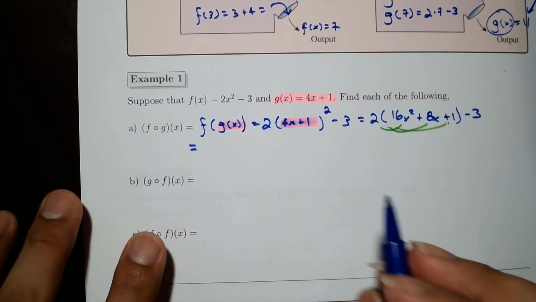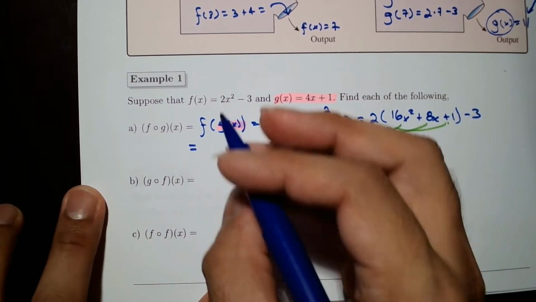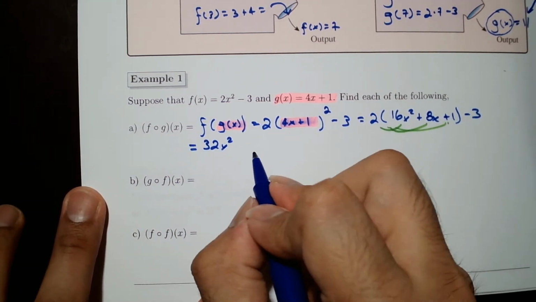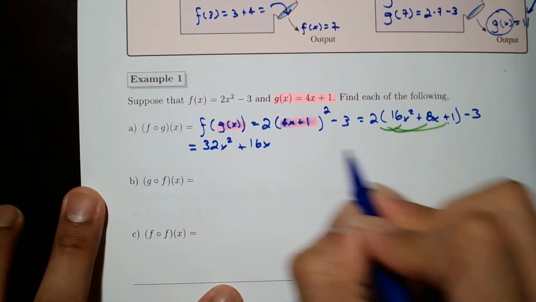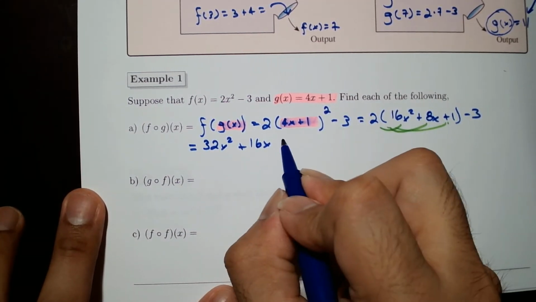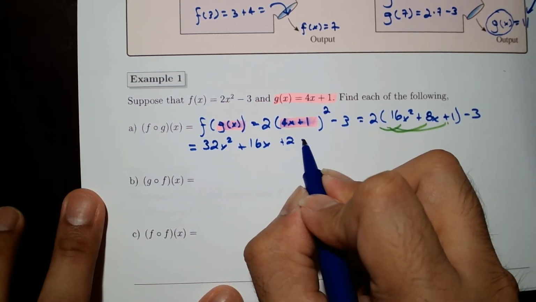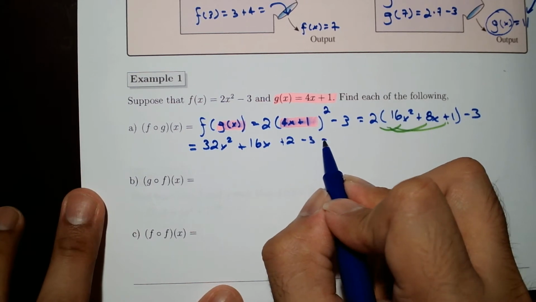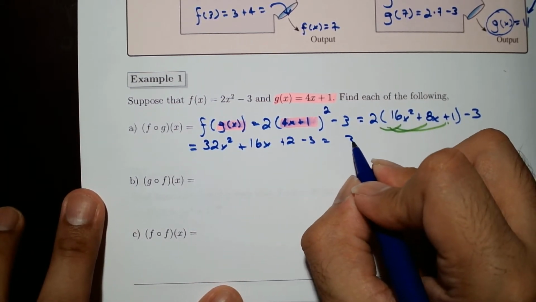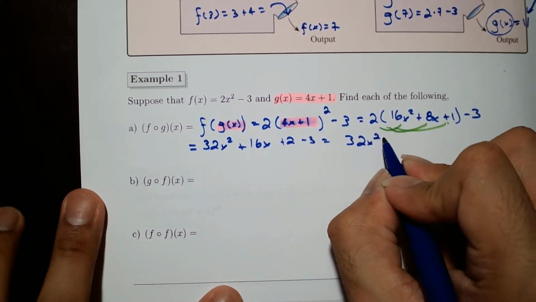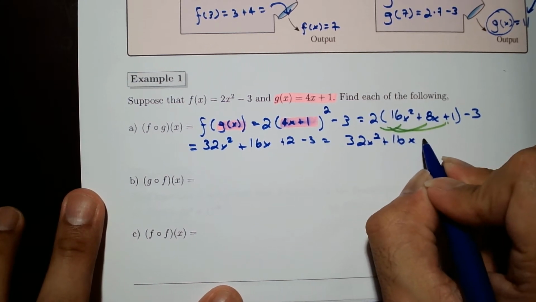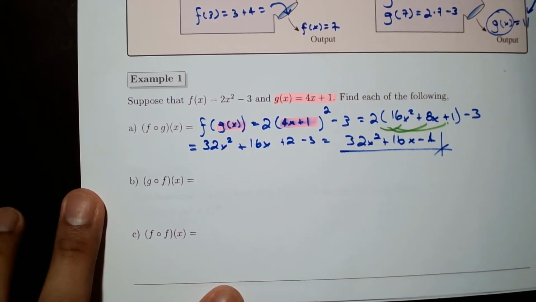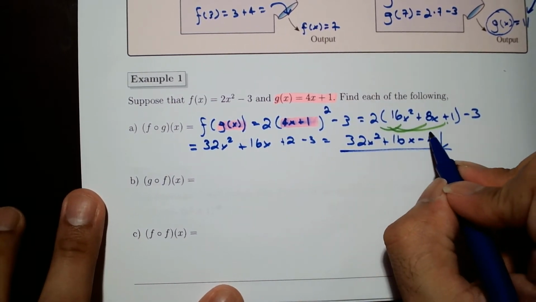So we're going to get 32x squared plus 16x plus 2 and then minus 3. Our final answer, all we need is to combine these two numbers, which is 32x squared plus 16x minus 1. Final answer. This is a 1, not a 4.